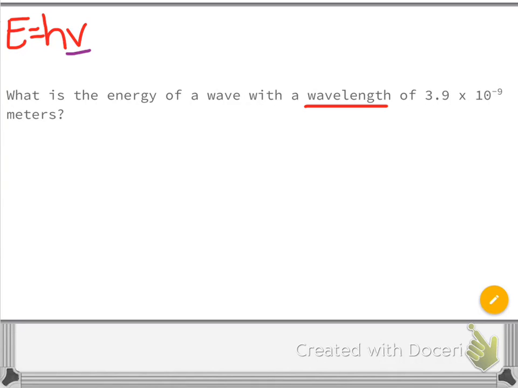Use your other equation. Because now I know what my speed of light is. I know what my wavelength is because it was given in the problem. Now I can solve for the frequency. Once I solve for the frequency, then I can use this equation. So this is a two-step problem here. Do not be afraid to have to use both equations.